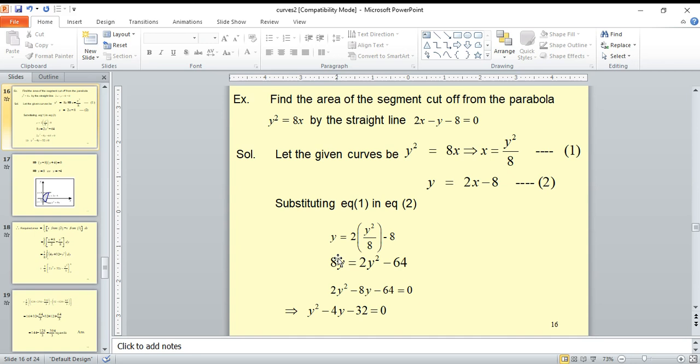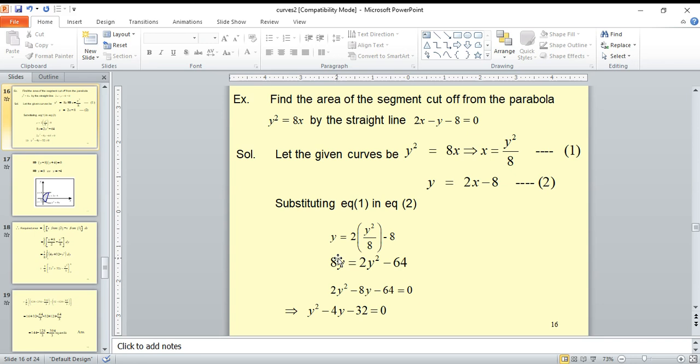Let the given curve be y square equal to 8x. From this, x equal to y square by 8. And next from the second equation, 2x minus 8 equal to y. Substituting equation 1 in equation 2: 2 into x is 2 into y square by 8, minus 8.